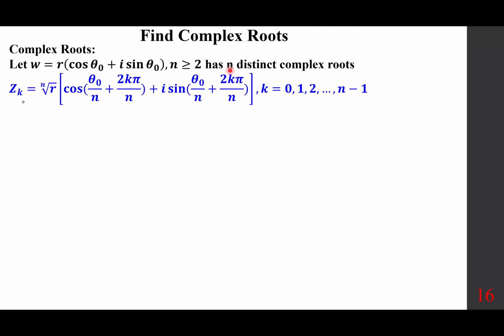So each root, z sub k, is the nth root of r times cosine of theta plus 2k pi, divided by n, or theta plus 360 k, divided by n. And k can take all the values all the way to n minus 1. That means 0, 1, 2, and so forth.